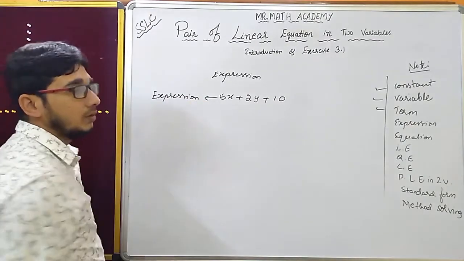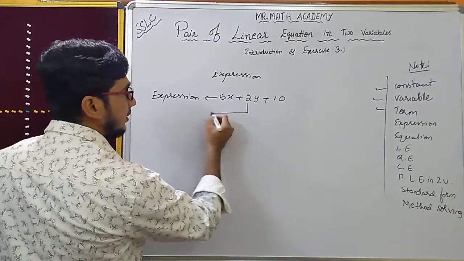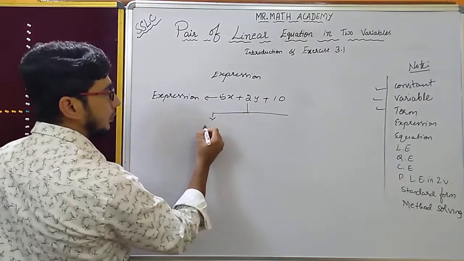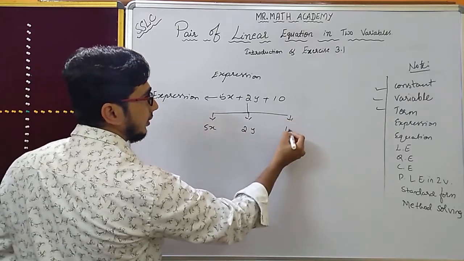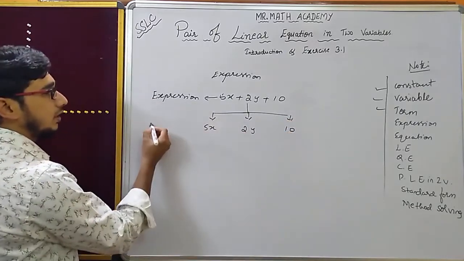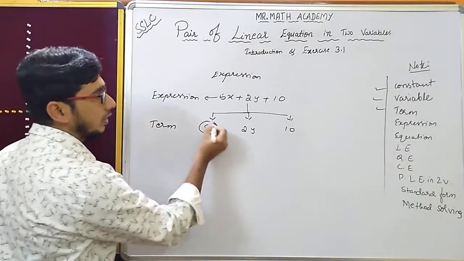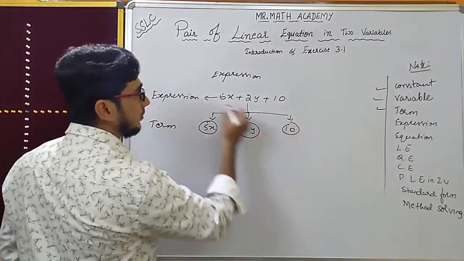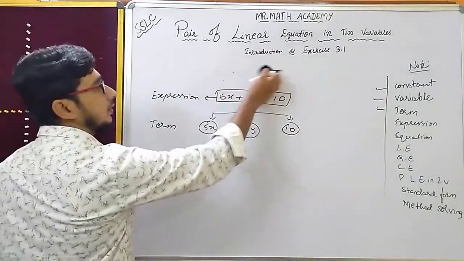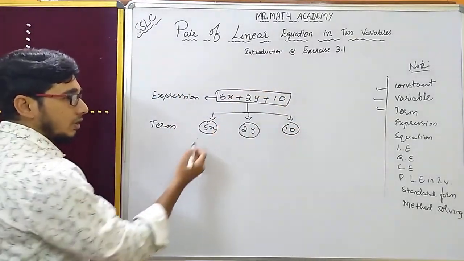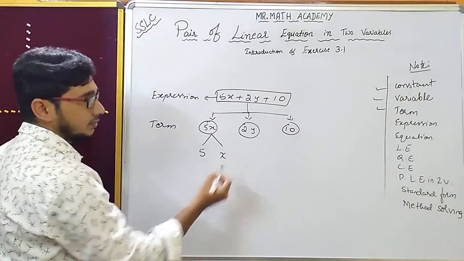Now let me classify each and everything. I will write this as 5x, 2y, 10. These we call terms, as I already told you before. This is a complete expression. Now I'll split this one: 5x.